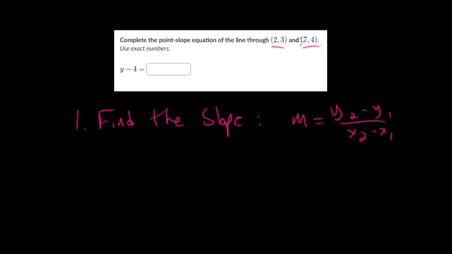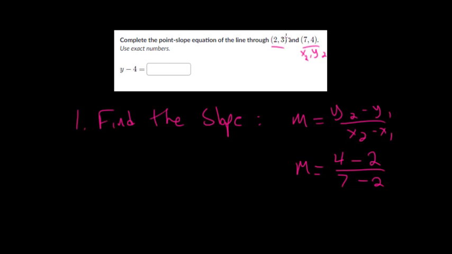And when we do this, I'm just going to plug things in now. We'll do this as y2 and x2, so that makes this y1 and x1. So y2 is 4. We replace that with 4. And y1 is 2. x2 is 7. And x1 would be 2.